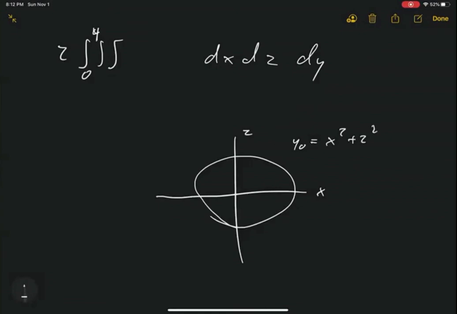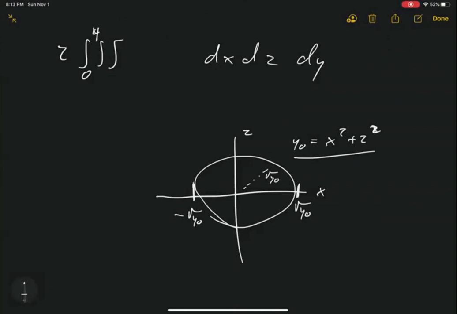So what is the radius of the circle? This is the equation of a circle with radius square root of y0. So the radius of that circle is square root of y sub 0, and right here we have a point at square root of y sub 0, and this point would be negative square root of y sub 0.